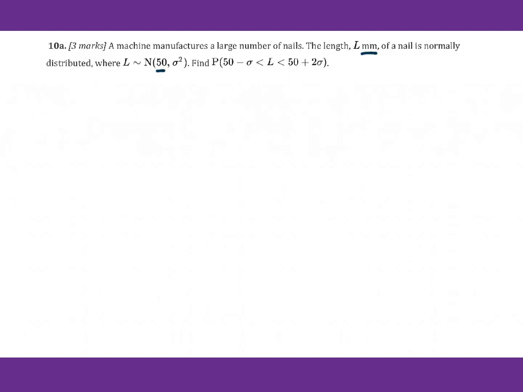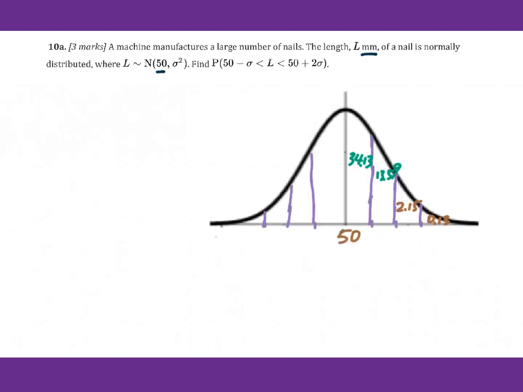Find the probability L greater than 50 minus sigma and less than 50 plus 2 sigma. As we know, for the normal distribution, you add 1 sigma, add 2 sigma, then you add 3 sigma.